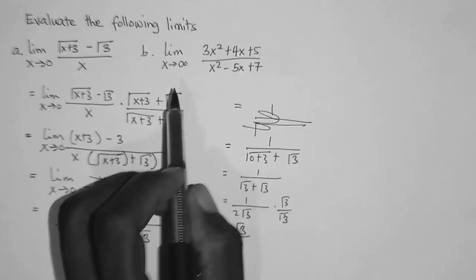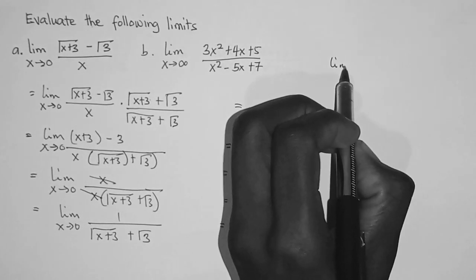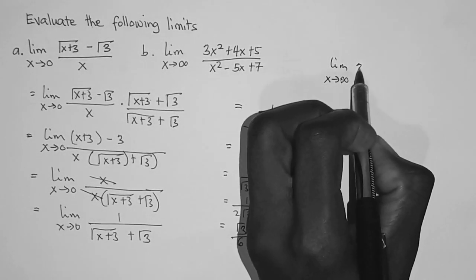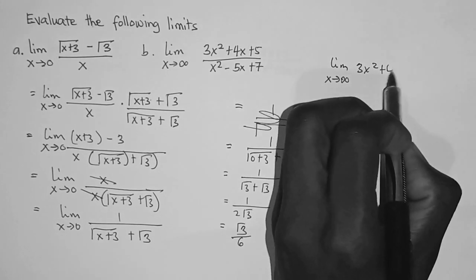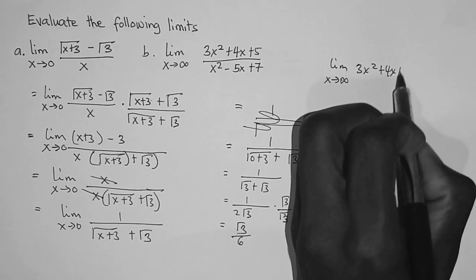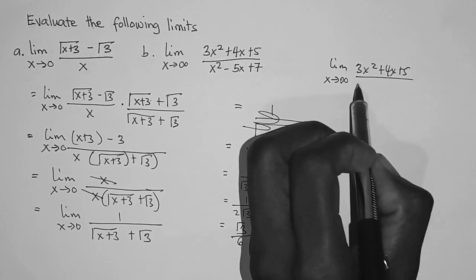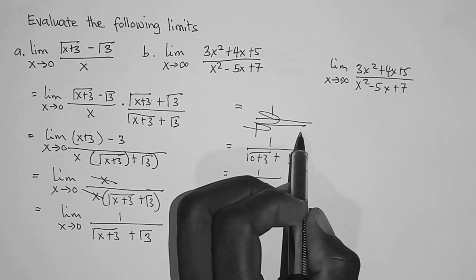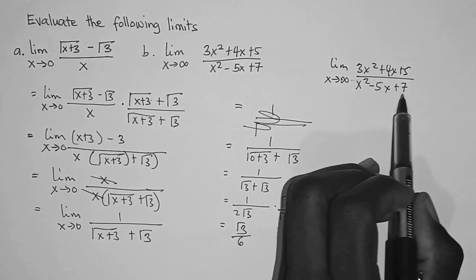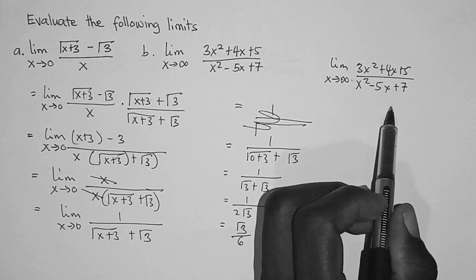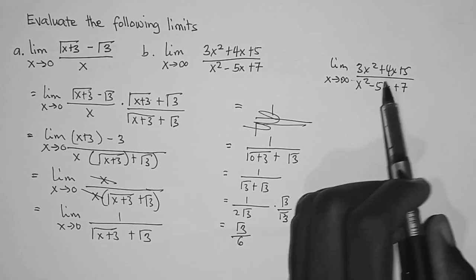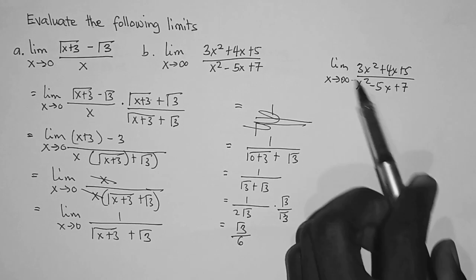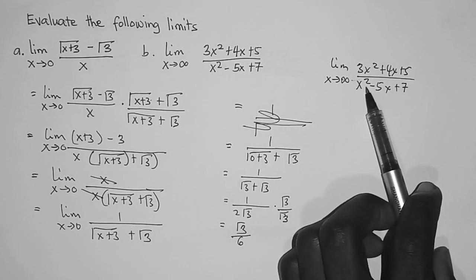Let's come to this part, which is the limit as x approaches infinity of 3x squared plus 4x plus 5 divided by x squared minus 5x plus 7. You see that we cannot factorize this function easily, and you can see that the highest power of the numerator is equal to the highest power of the denominator.